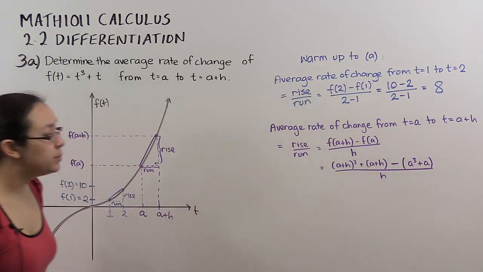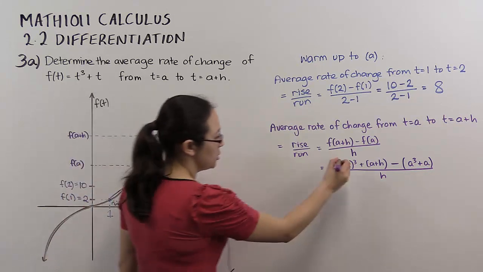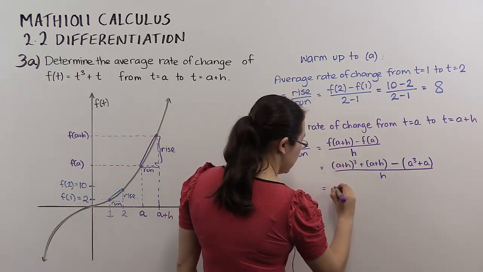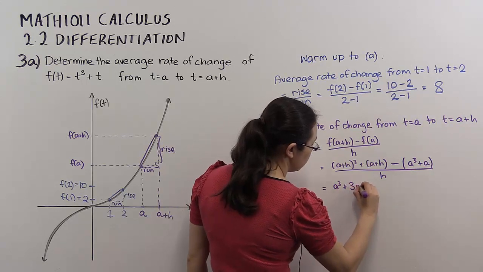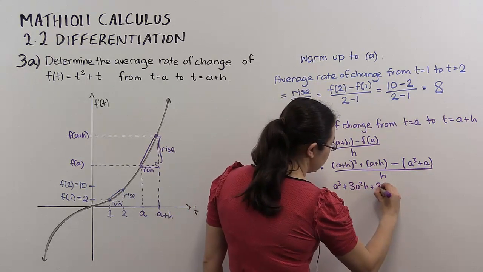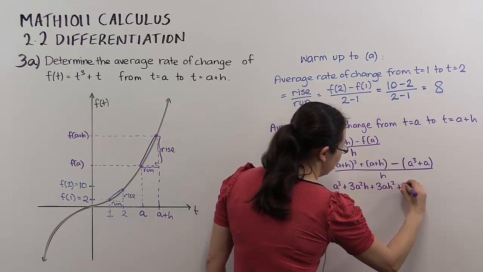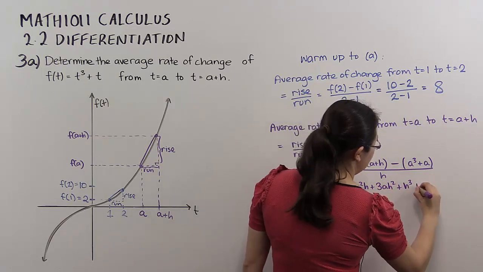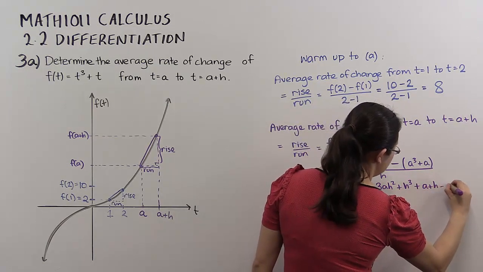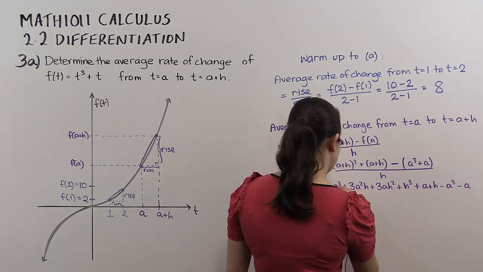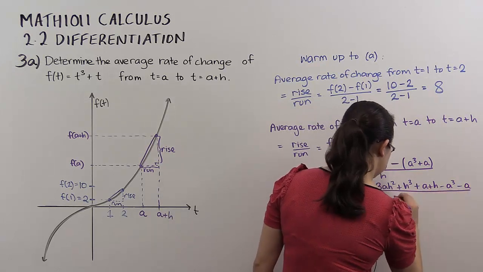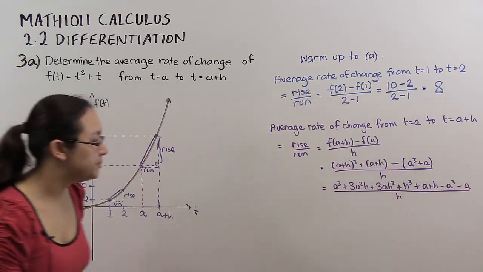So we need to simplify this expression. a plus h cubed, we can expand using Pascal's triangle: a cubed plus 3a squared h plus 3ah squared plus h cubed, and then we have plus another a plus h and subtract an a cubed and subtract an a, and all of this is getting divided by h.